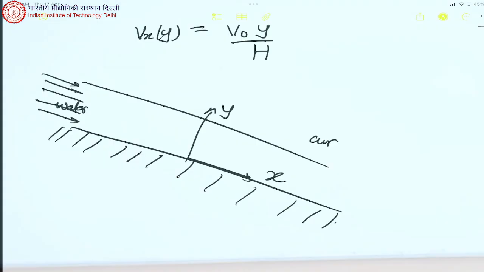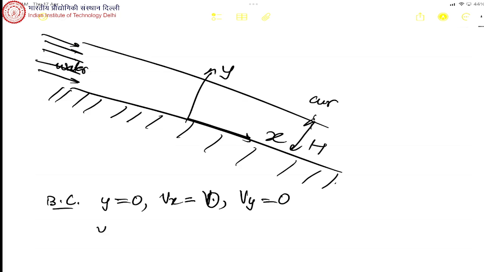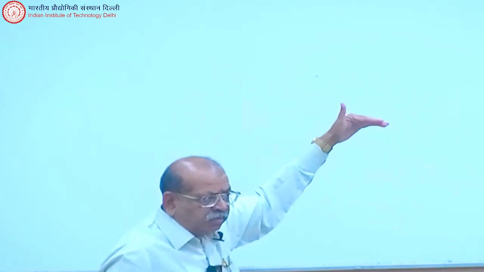At y equal to h, if we assume that this is h, what are the boundary conditions? At y equal to 0, Vx is 0, Vy is 0. What are the boundary conditions at y equal to h? This is air on the top, water at the bottom.